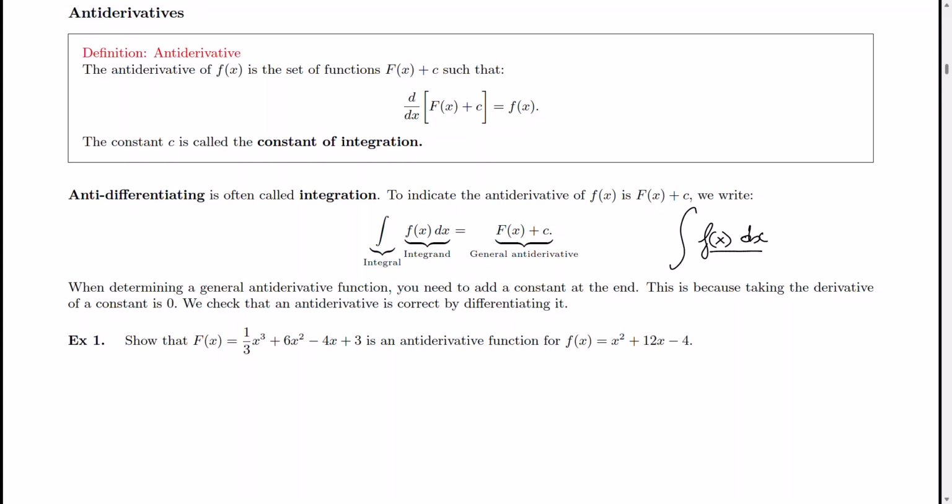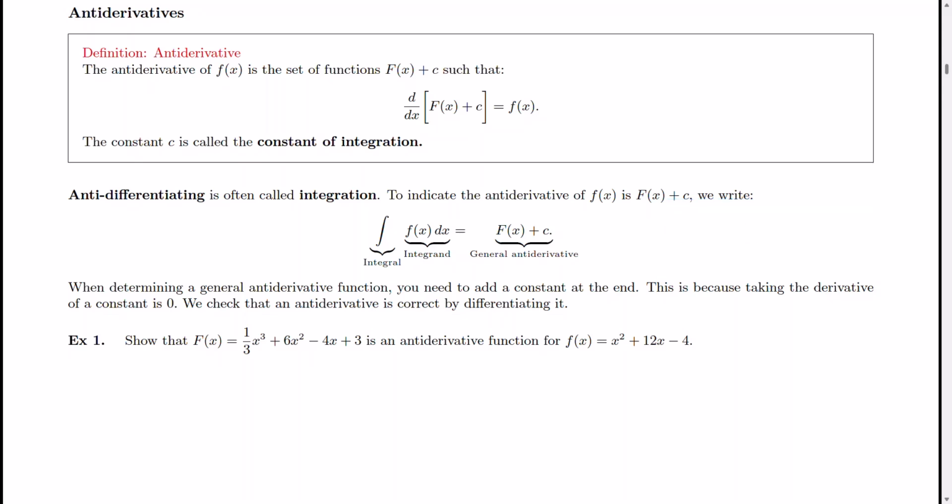It's part of the integrand, so this portion over here is the integrand. The whole thing is known as the integral of the little function f of x, and we usually are required to find the answer, which is what we call capital F of x plus the c. This is the general antiderivative of the small function f of x.